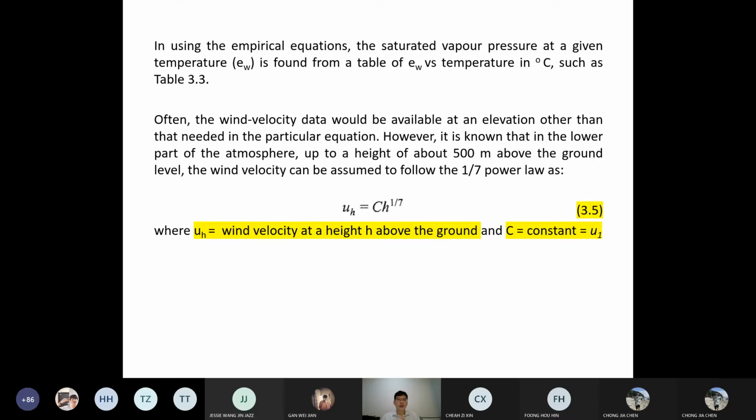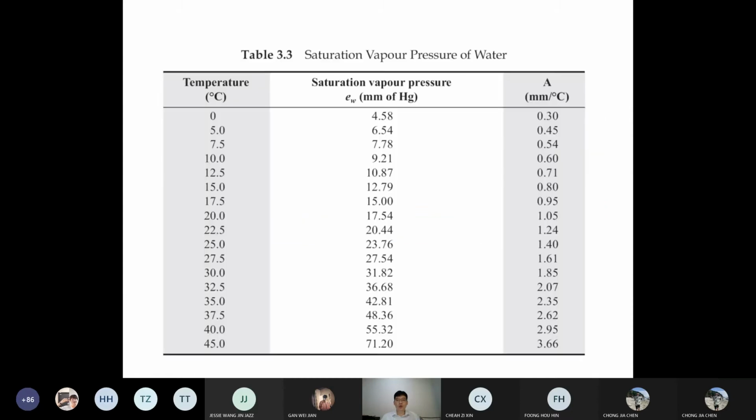The Mayer equation is a well established equation, used for so many years, and it has plenty of variations. It considers the vapor pressure and the wind effects. All the other effects not considered, they put a coefficient K on that to account for the others. This is a table to show you the saturated vapor pressure.